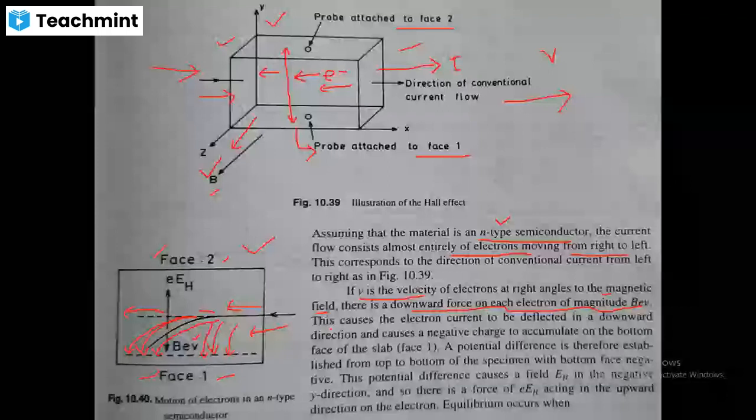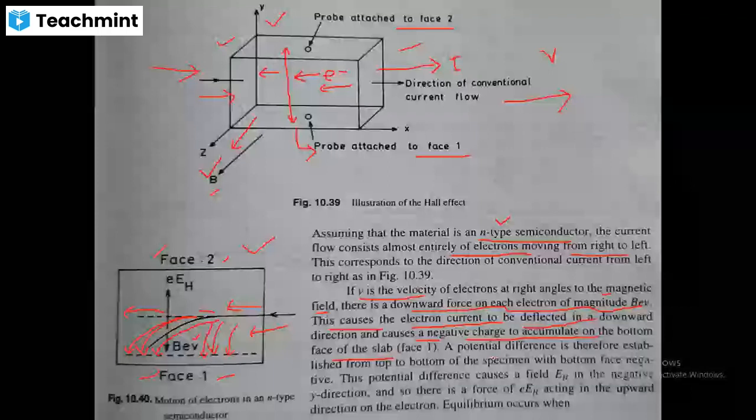As you can see, this causes the electron current to be deflected in a downward direction and causes a negative charge to accumulate on the bottom face of the slab. So all the negative charges will be accumulated on the bottom face.